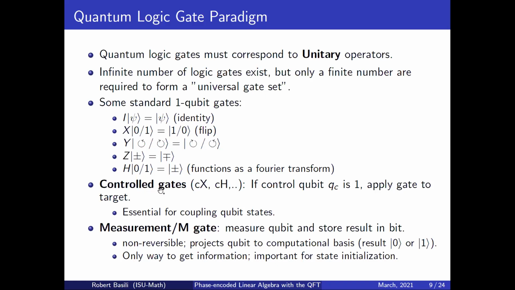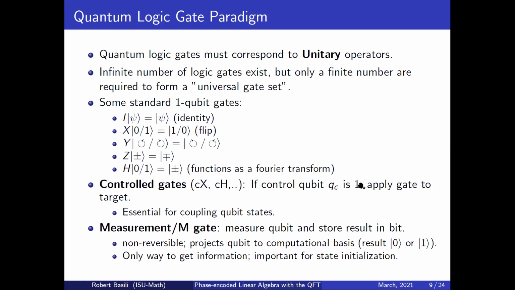An important type of gate in quantum computing is controlled gates, which is in essence a 2-qubit gate where you take a second qubit and, based on what its value is, it determines whether you apply a gate to the target.